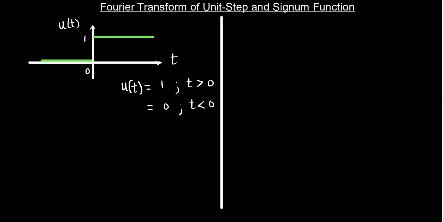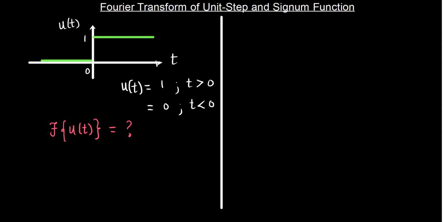Now let's calculate the Fourier transform of this unit step signal, and I wish to do that by using the Fourier transforms of the signals that we have already seen. The aim here is to calculate the Fourier transform, which I indicate with the notation F of u of t. What is the Fourier transform of u of t?